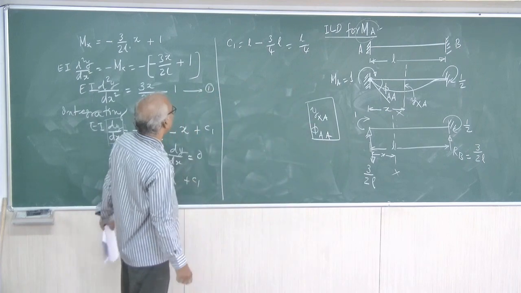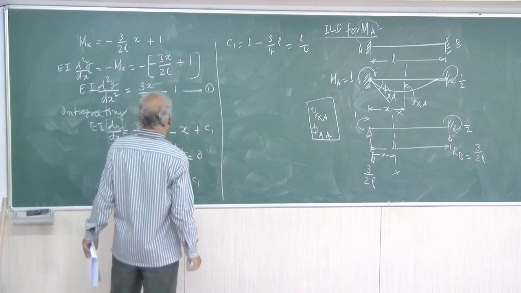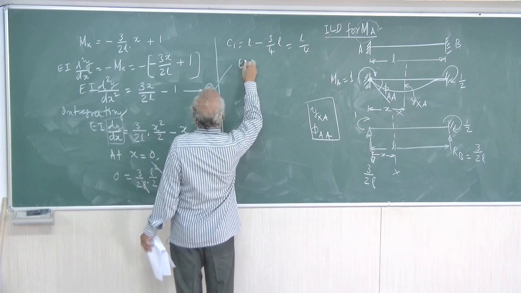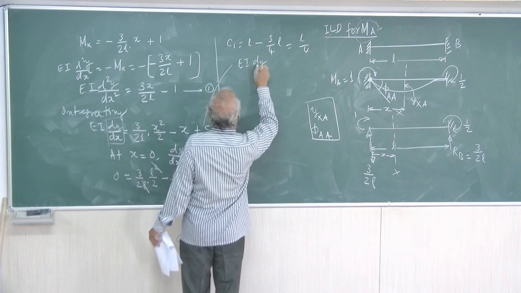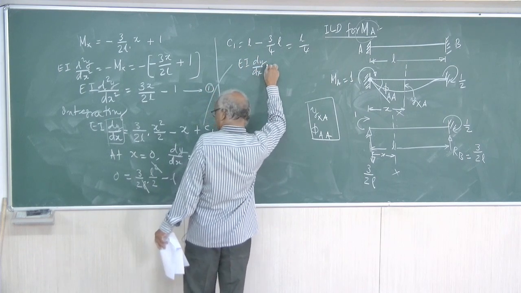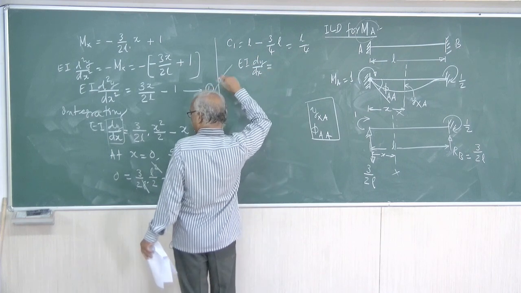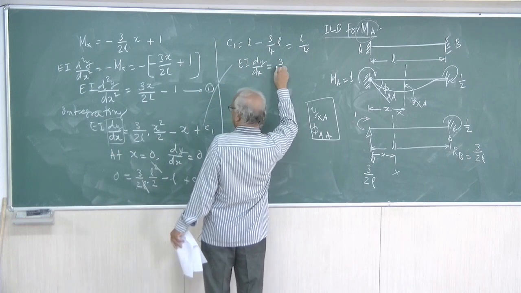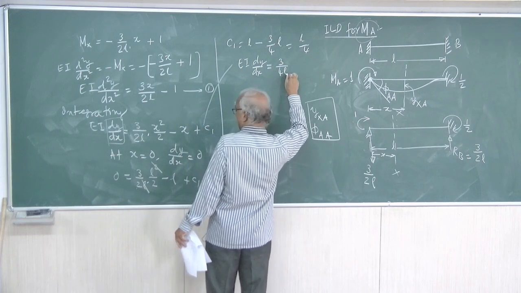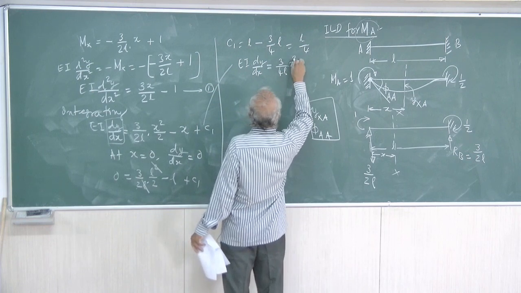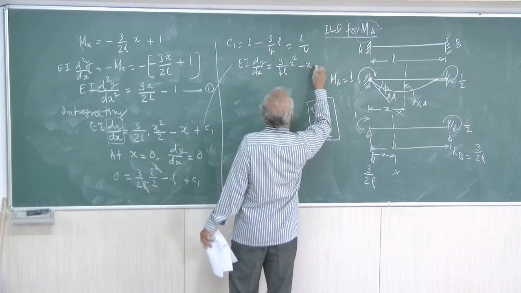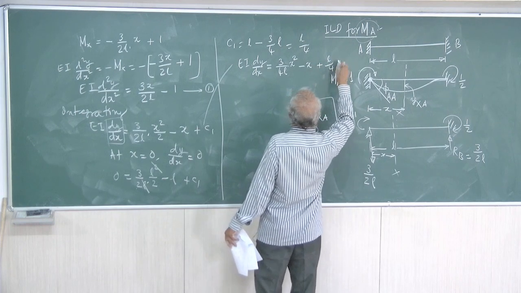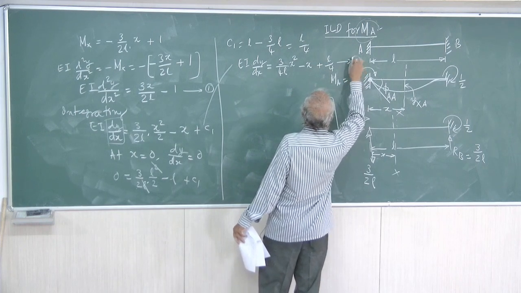That's right. Therefore, you can rewrite this equation: EI dy/dx equal to 3 by 4L into x square minus x plus C1, where C1 equal to L by 4. So this is equation number 2.